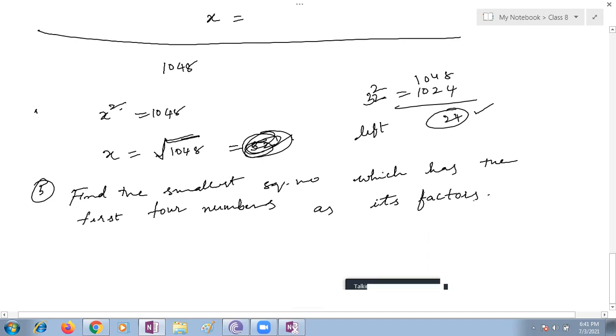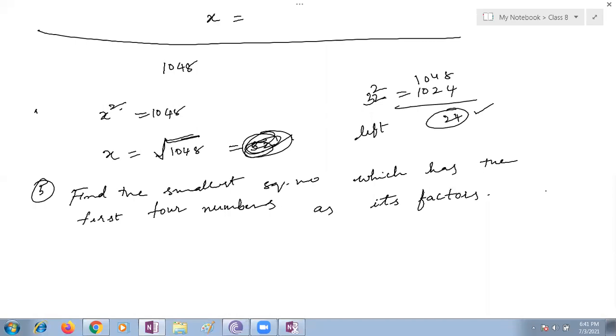So the question once again: find the smallest square number which has the first four numbers as factors. Please think about the question. What should you do here? Ma'am, can we repeat the digits?